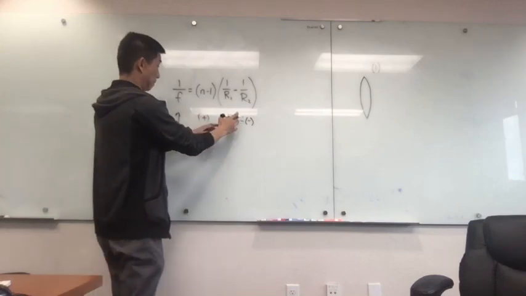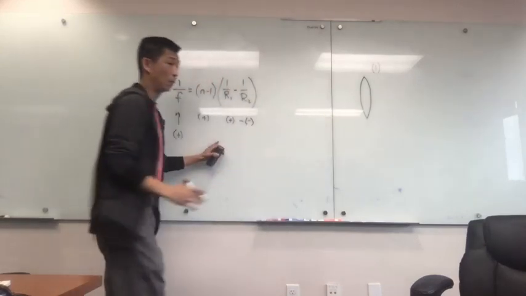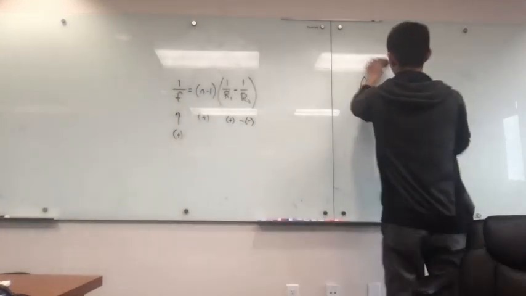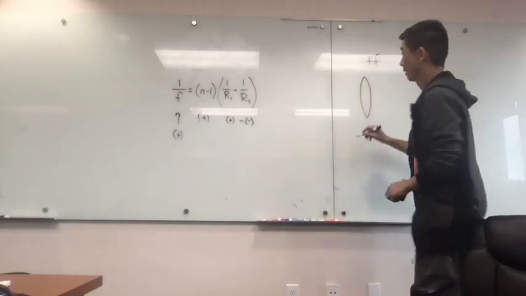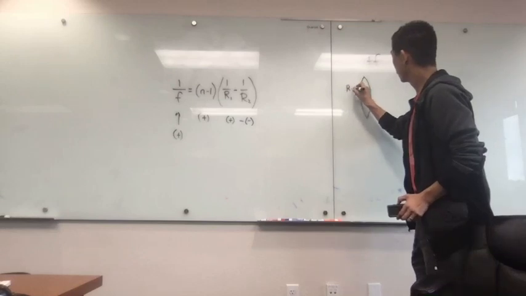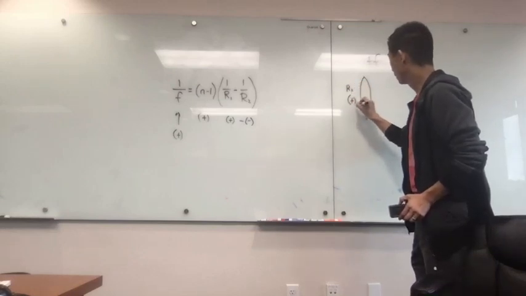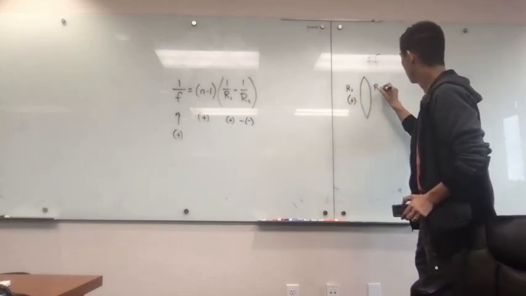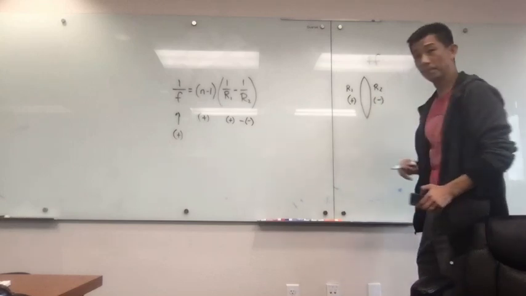So for this type of lens to always be a plus f, it makes sense that R1 would need to be positive and R2 would need to be negative. Right?